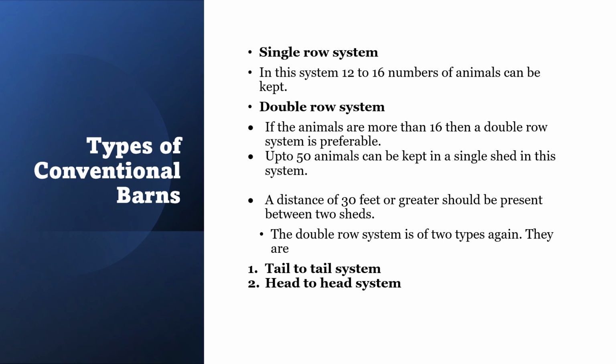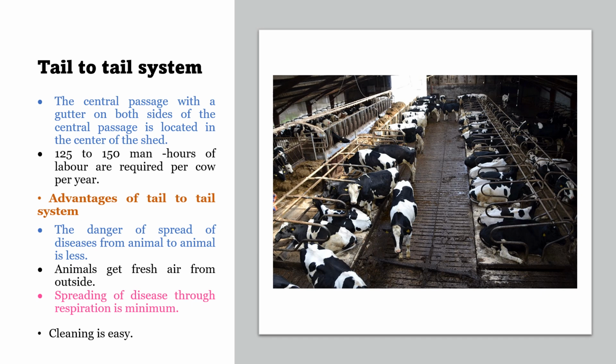The double row system is of two types again. They are tail to tail system and head to head system. When we look at the first system in a double row system, that is the tail to tail system, the central passage is located in the center of the shed.